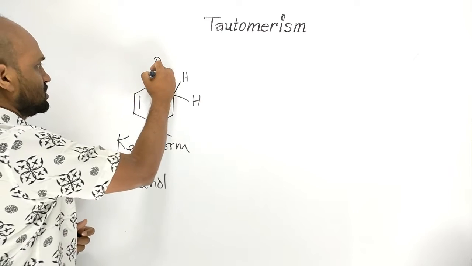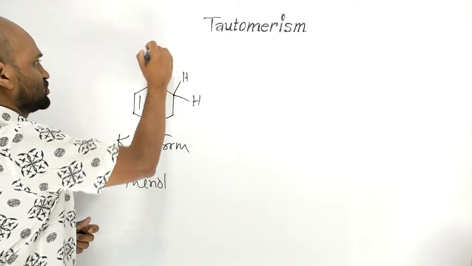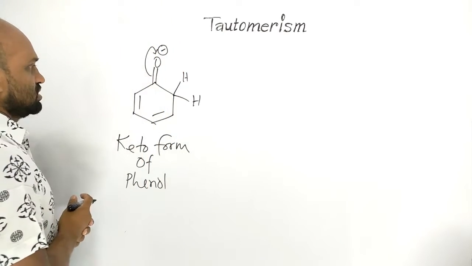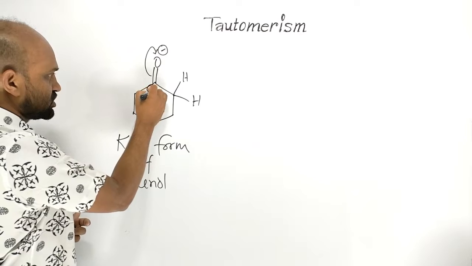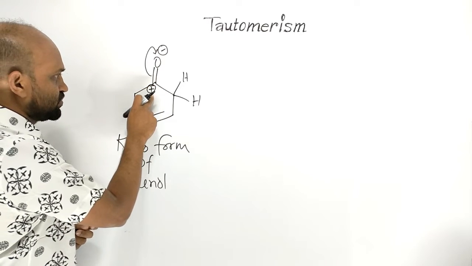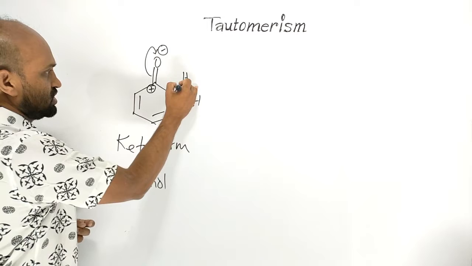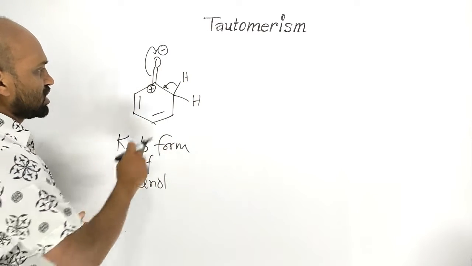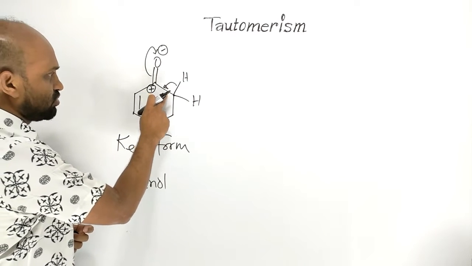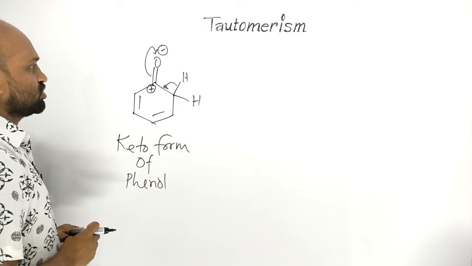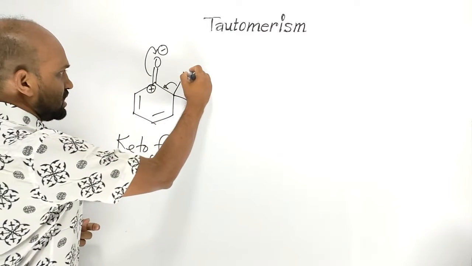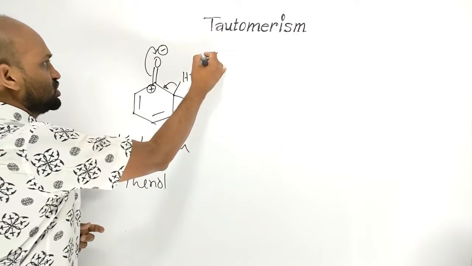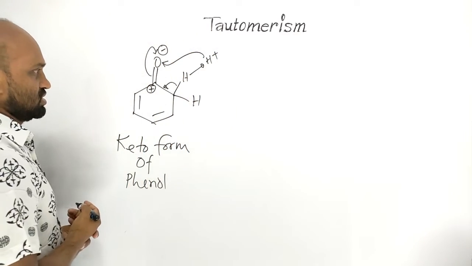Here these pi bonded electrons move towards oxygen and it becomes negatively charged, and this carbon becomes positively charged. Because of this positive charge, these covalently bonded electrons move towards this carbon-carbon single bond, and this carbon-carbon single bond becomes carbon-carbon double bond. And at that time this hydrogen is freed as proton. This proton combines with this oxygen.